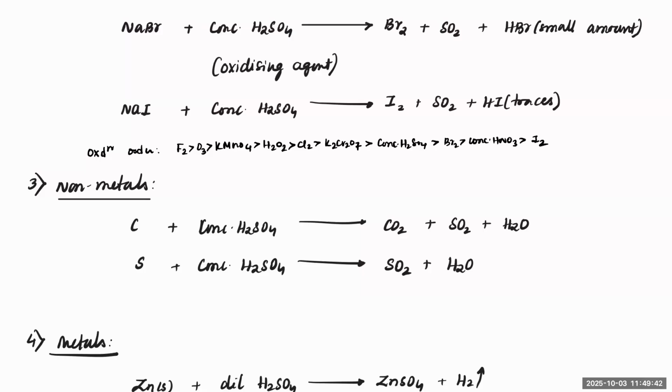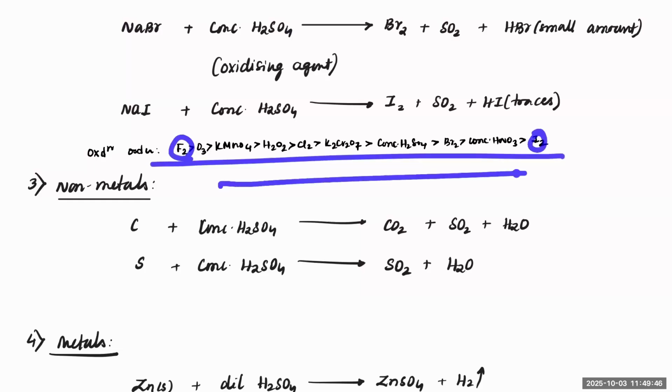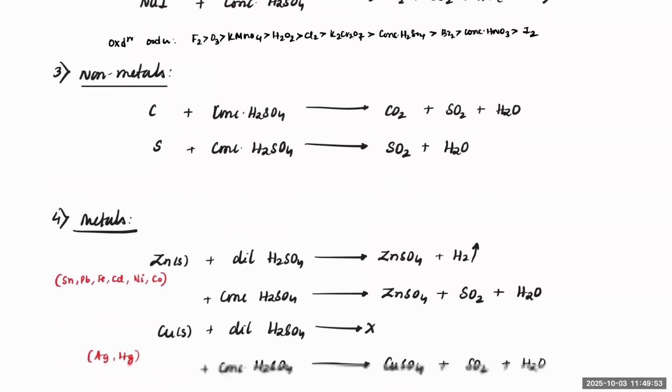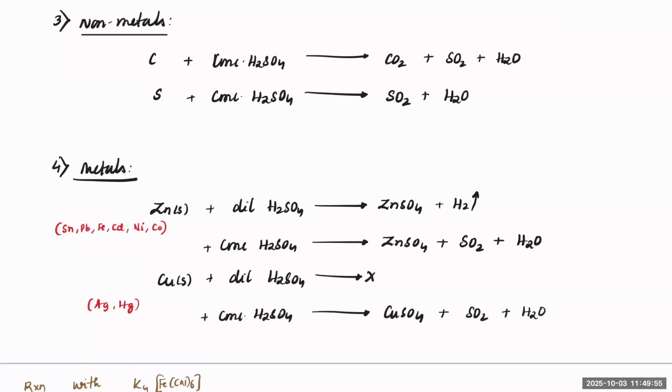So you got an idea, from fluorine to iodine, this is the sequence of compounds which will have certain oxidizing abilities. This is all based on the E0 values, the reduction potential values.